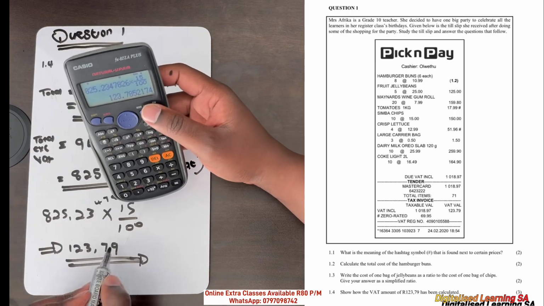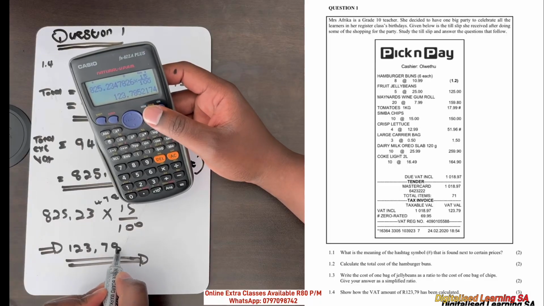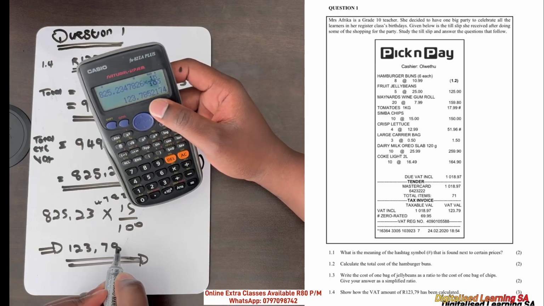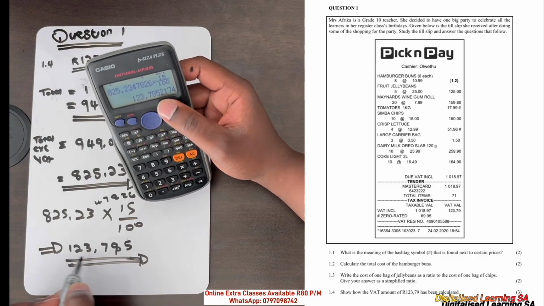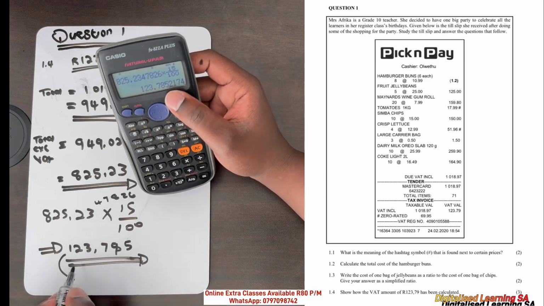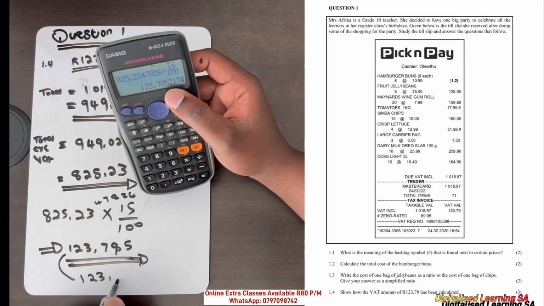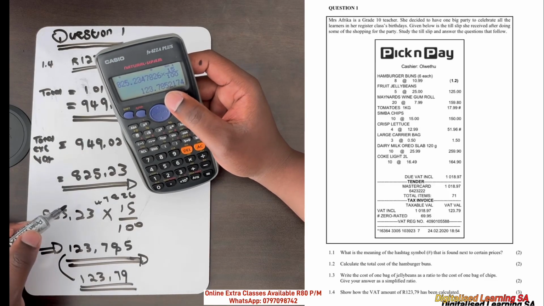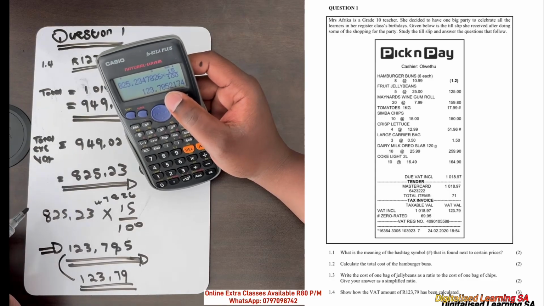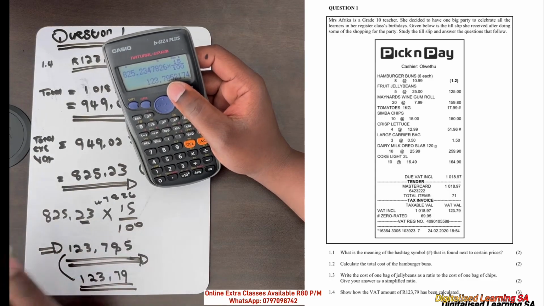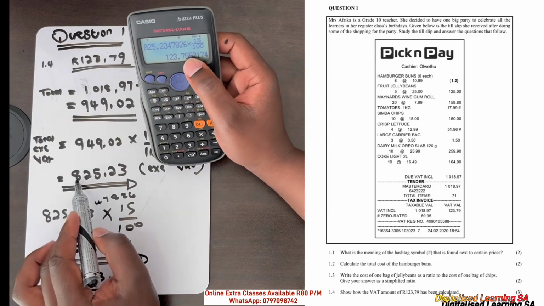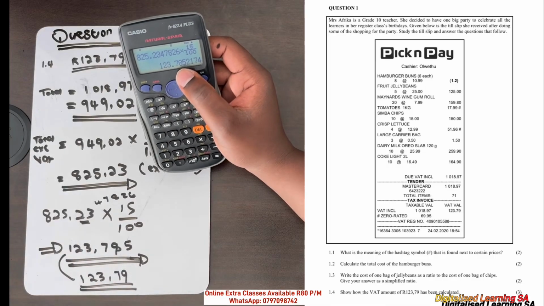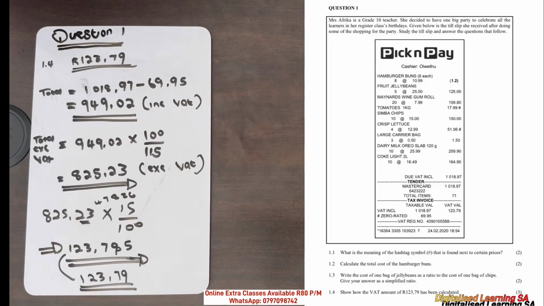Now we can see that it is 123.78785. If we round it to 2 decimal places, it will become 123.79, meaning that you should not round off until you get the final answer. This 825.23, we need to write it in full so that when we get to the final answer, we can then round it off. I hope that makes sense.